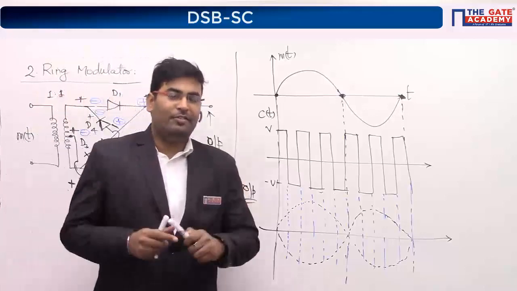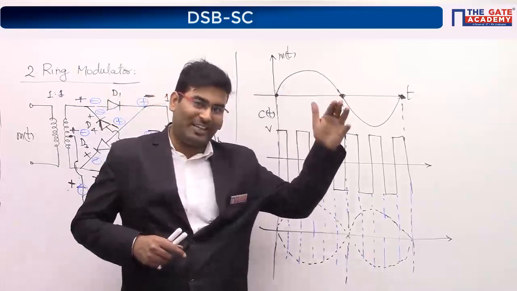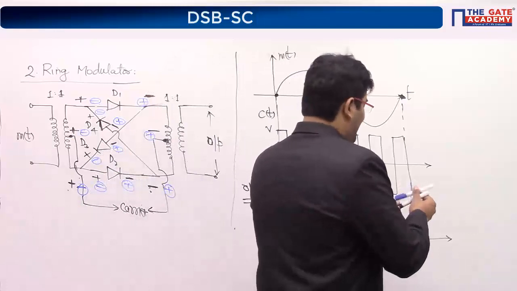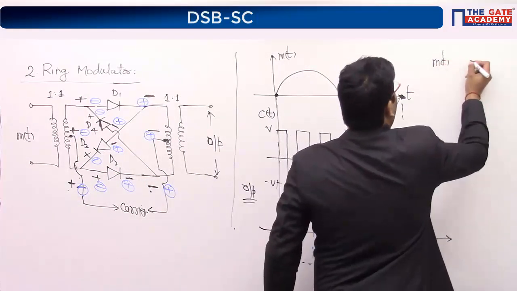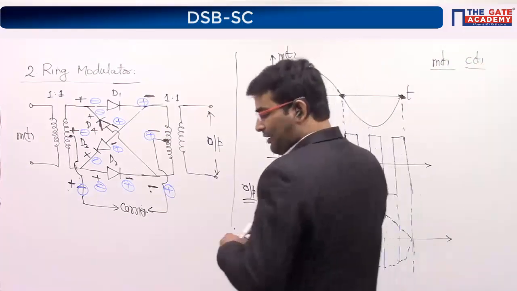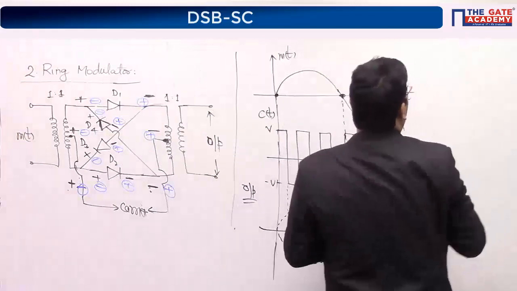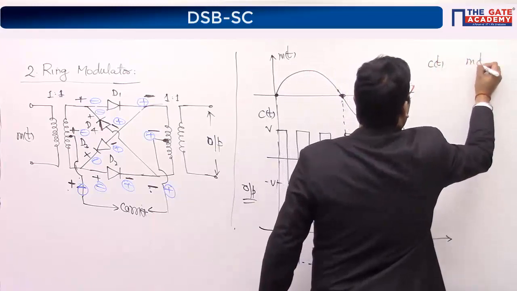Now remember, when the carrier polarity is positive and the message is positive, you get m(t). Correct? Let me write. I'm going to make a table: m(t), c(t). I should write in reverse, c(t) first. So c(t), m(t).